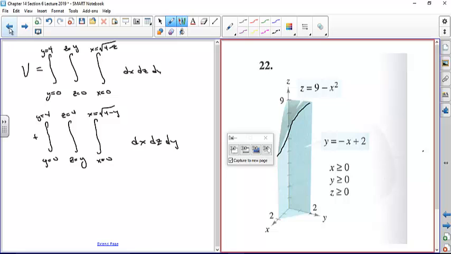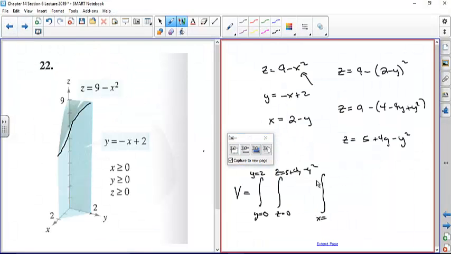So if you go back to this curve, the region we're looking at is the one that's below this curve. So you get y is equal to negative x plus 2. Or x, we've got to do it in x, so x goes from 0 to x equals 2 minus y, and it'd be dx dz dy.